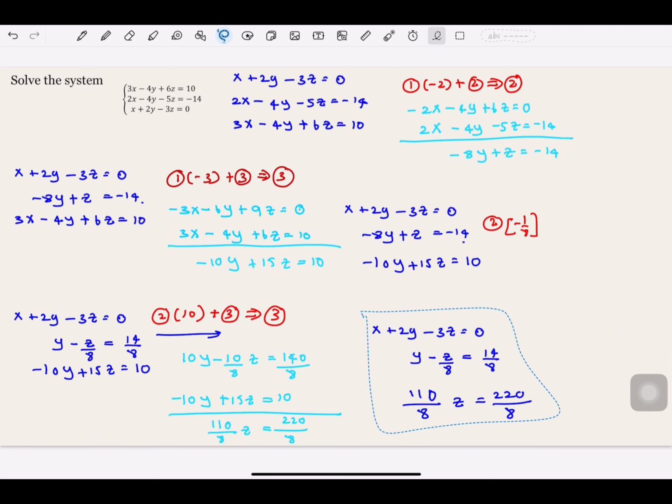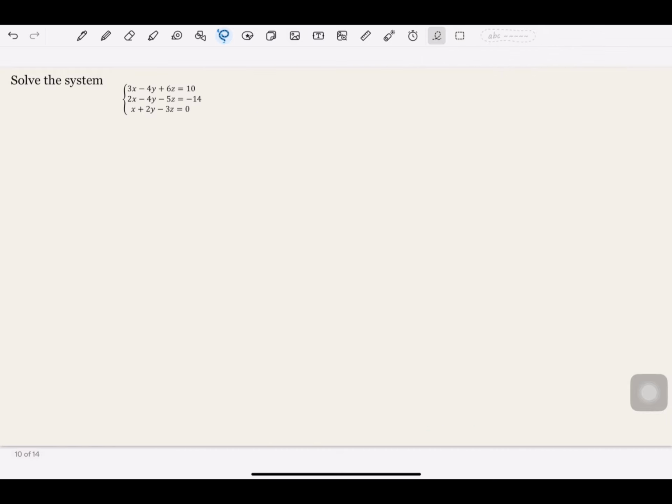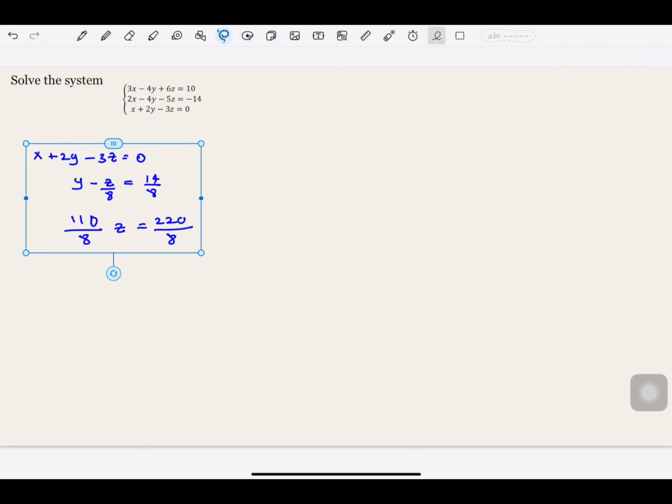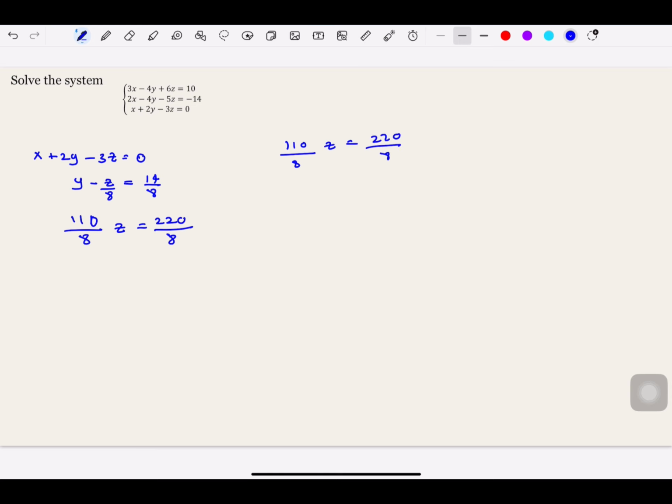Okay, so let me take a new page and let me paste my triangular form and let's solve this quickly. So the third equation gives 110 over 8 z equals 220 over 8. To solve this, you have to multiply both sides by 8 over 110. In that case, you'll get z equals 2.